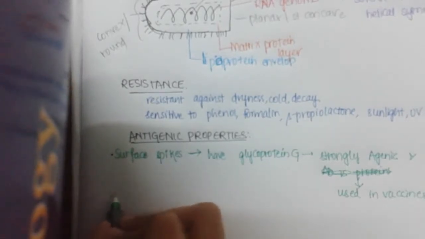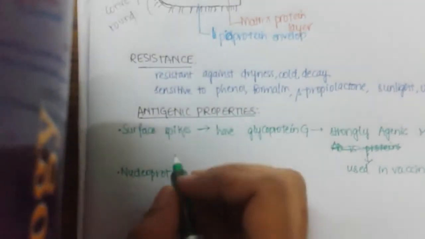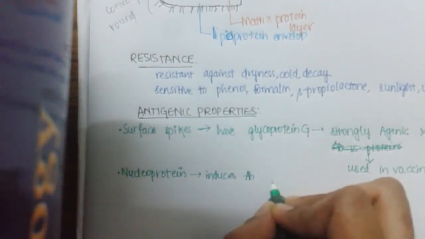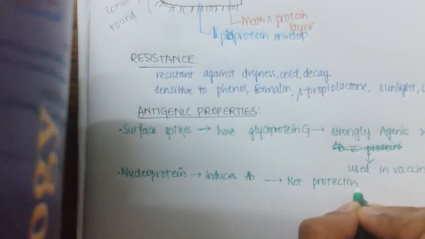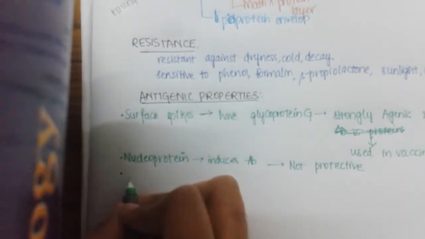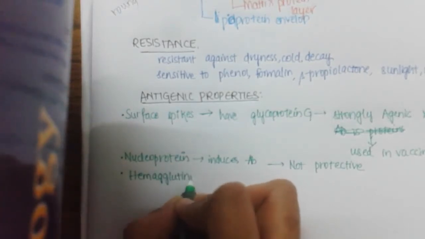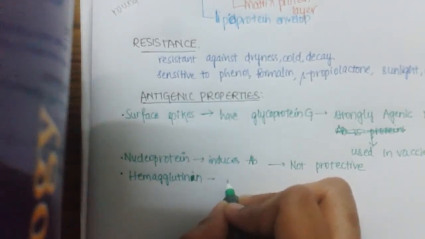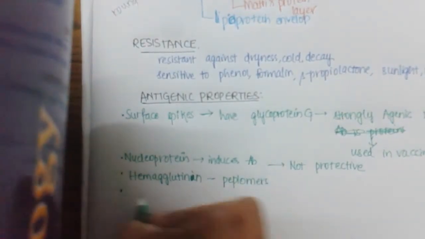The second one is nucleoprotein. This nucleoprotein also induces antibodies. These antibodies are not protective, so these are not used in vaccines. This is the second antigenic property. And the third is hemagglutinin, which is a peplomer. What it does is it easily aggregates the RBCs.